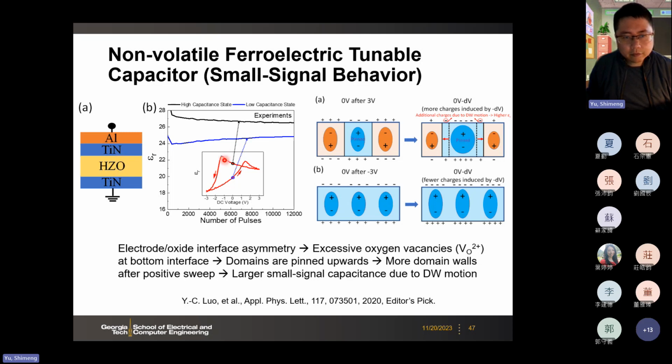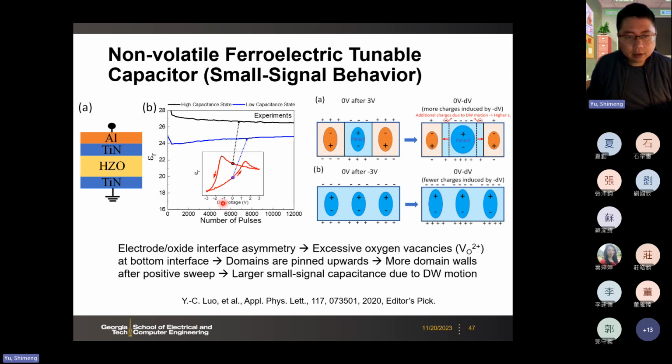And then here, if we measure the small signal CV, let's say the epsilon with a dielectric constant, or let's say the C versus V. This is a small signal measurement. So here at 0 voltage, we have a high capacitance state and a low capacitance state. So we can use the different capacitance values to encode the data. Let's say data 1, data 0.